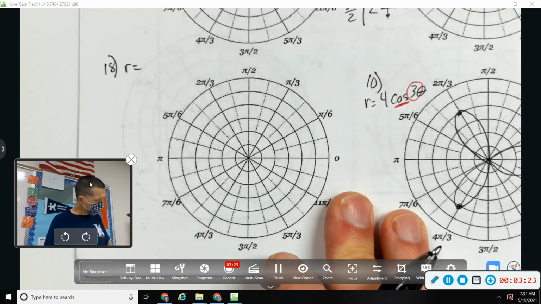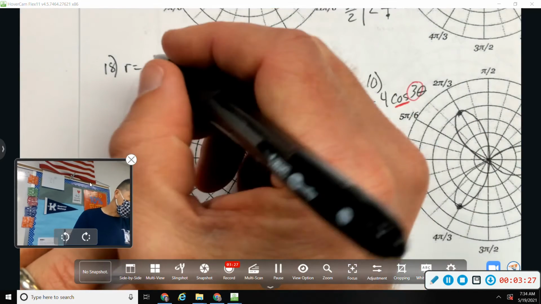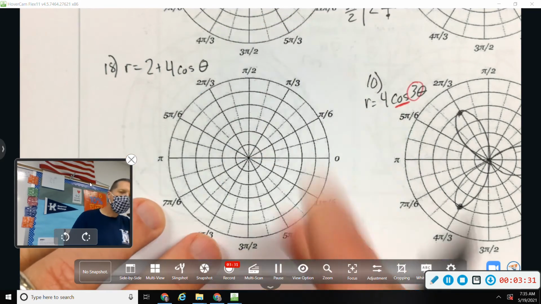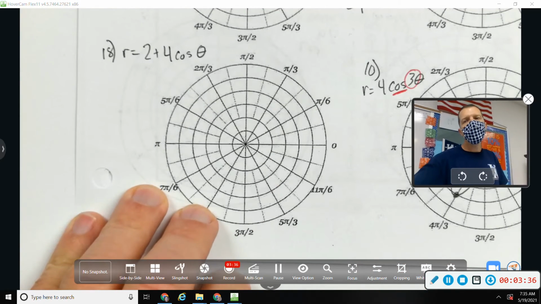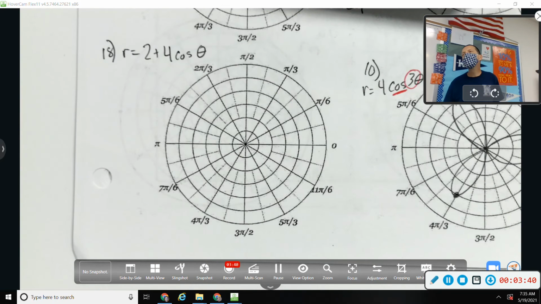r equals 2 plus 4 cosine theta. Alright, I could tell by looking that's going to be a limaçon. You tell me though, is that a loop or a no loop limaçon? Loop or no loop?